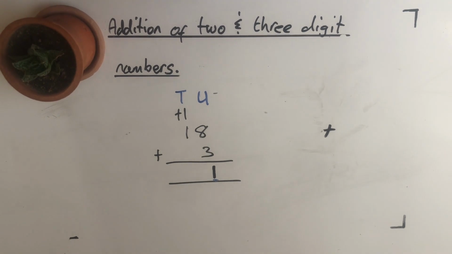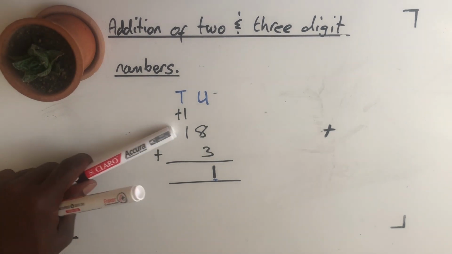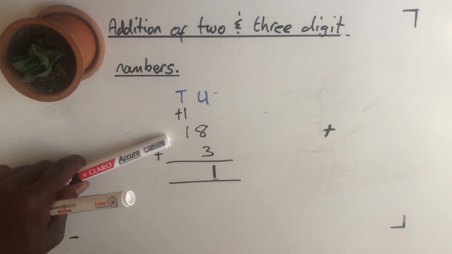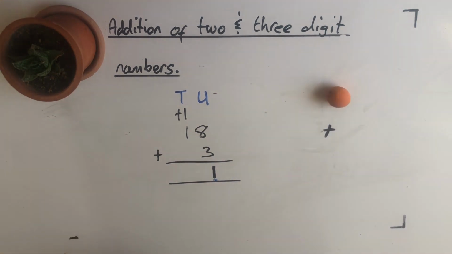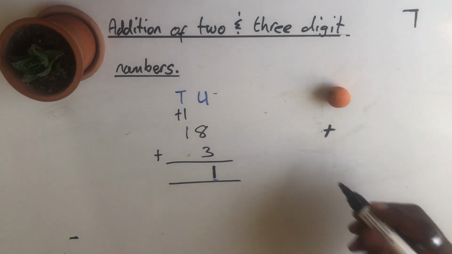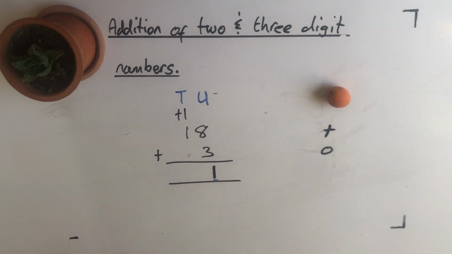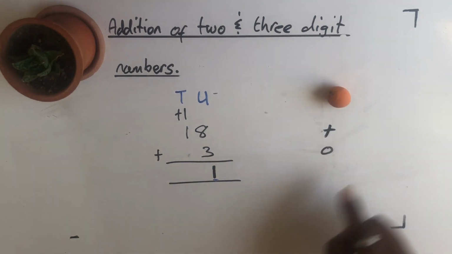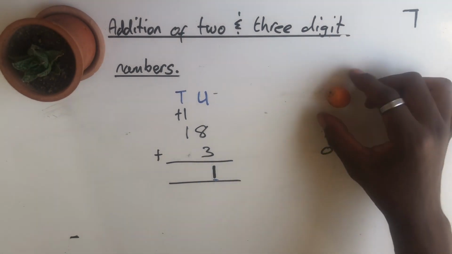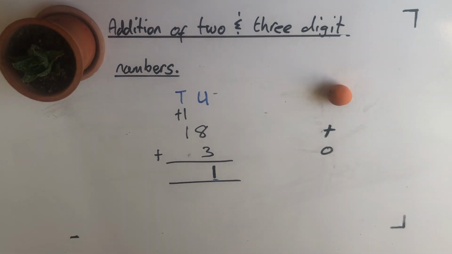So now we have 1 plus, we have nothing there, so 1 plus 0, and we know if we add anything to 0, the answer is still the same. So 1 plus 0 will give us 1.